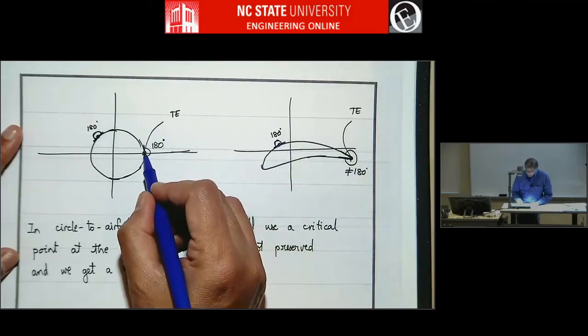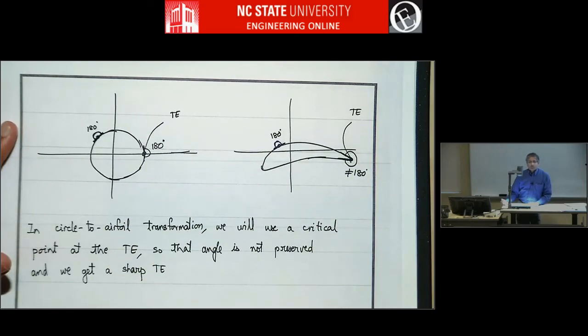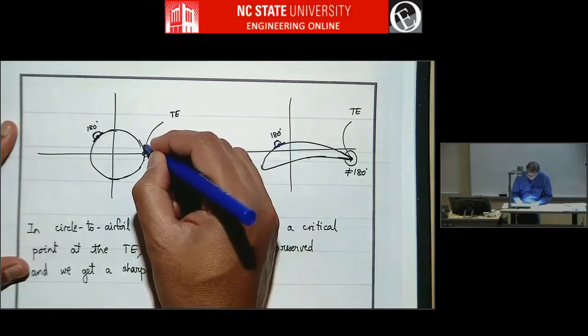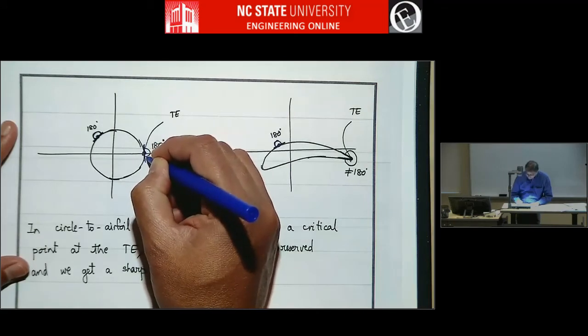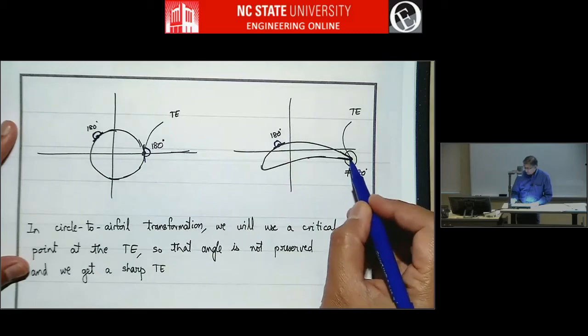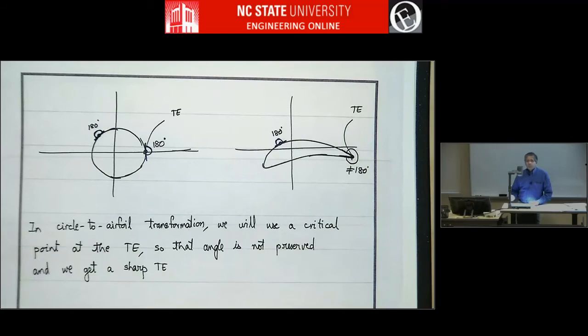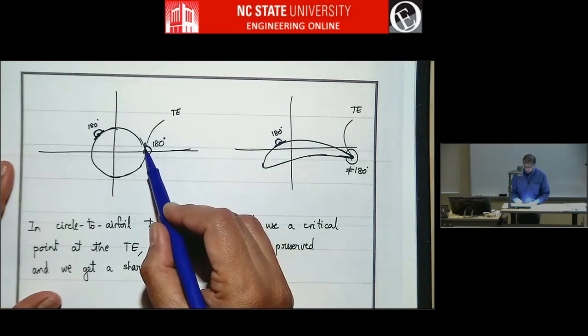But the point on the circle that maps to the trailing edge, you have to make it non-conformal, because the two sides of the tangent here make an angle of 180, but you don't want 180 here, you want a sharp trailing edge. So when you transform a circle to an airfoil, as we'll see soon, we'll use a critical point at this point.